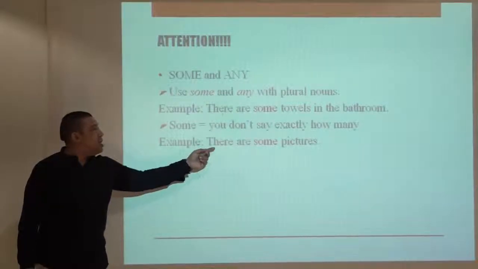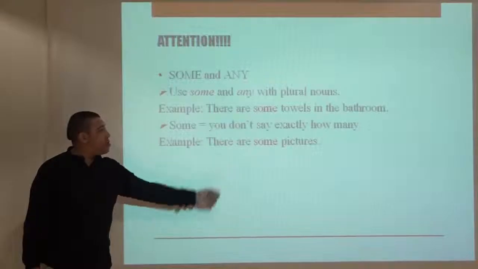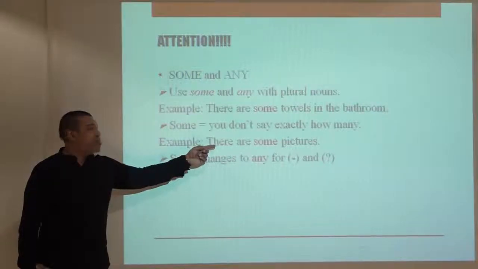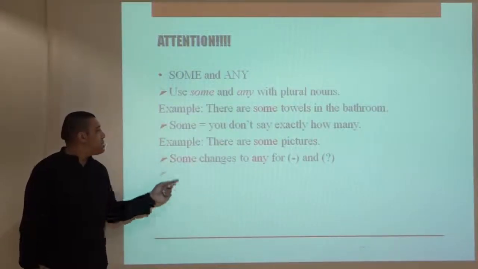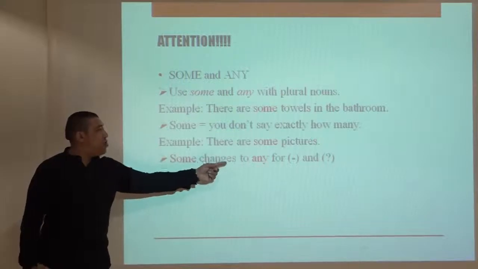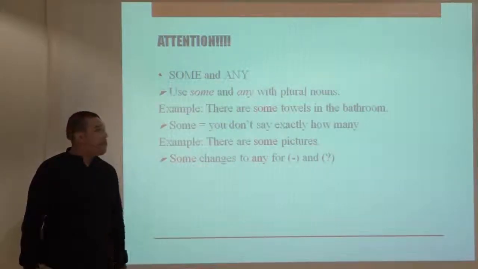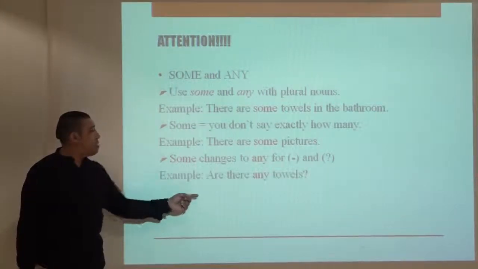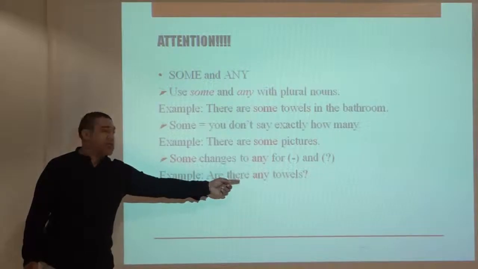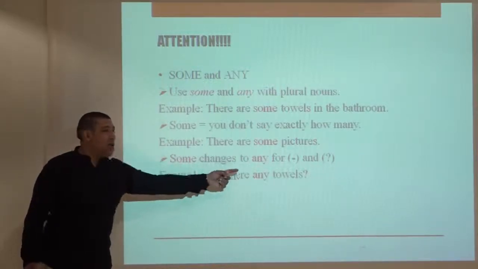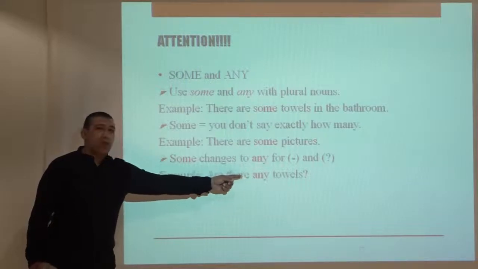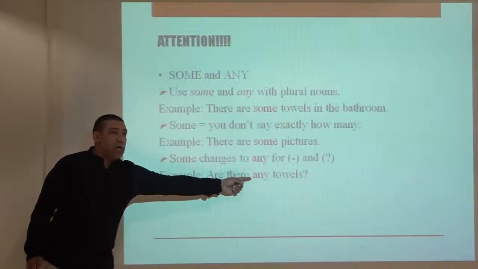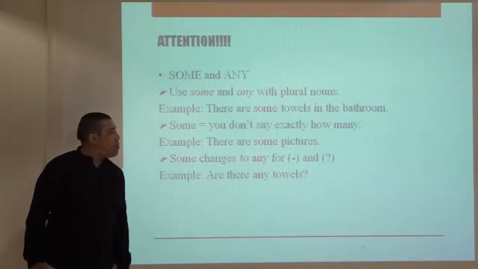For example, there are some pictures. We don't know the exact number of pictures here. Some changes to any for negative and question forms. For example, are there any towels? So that's a question sentence. We use any in questions, and then the plural form of the item.